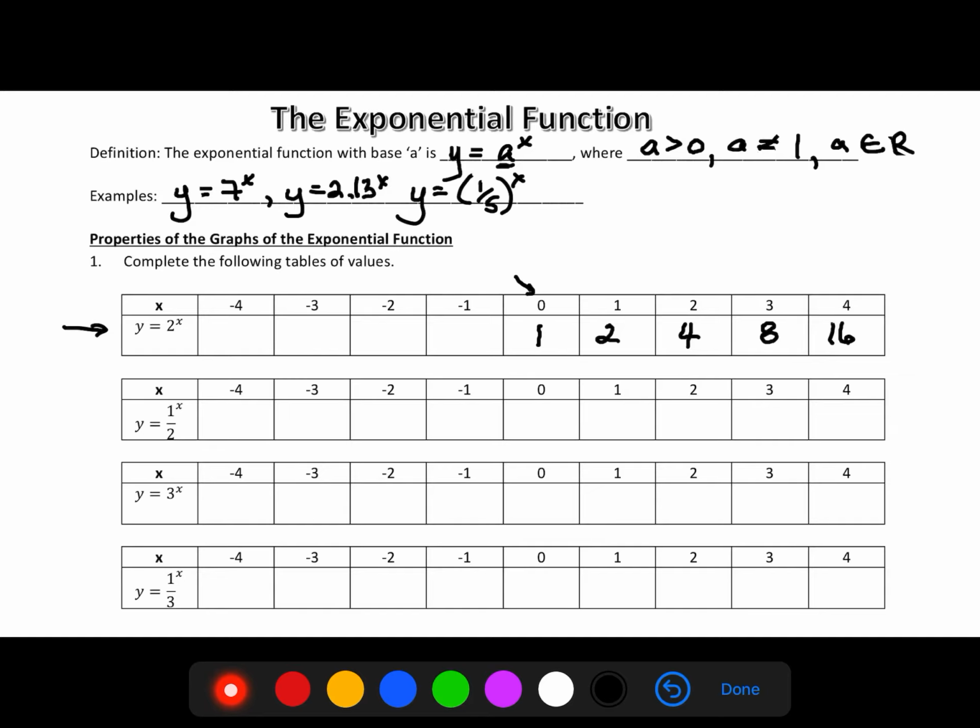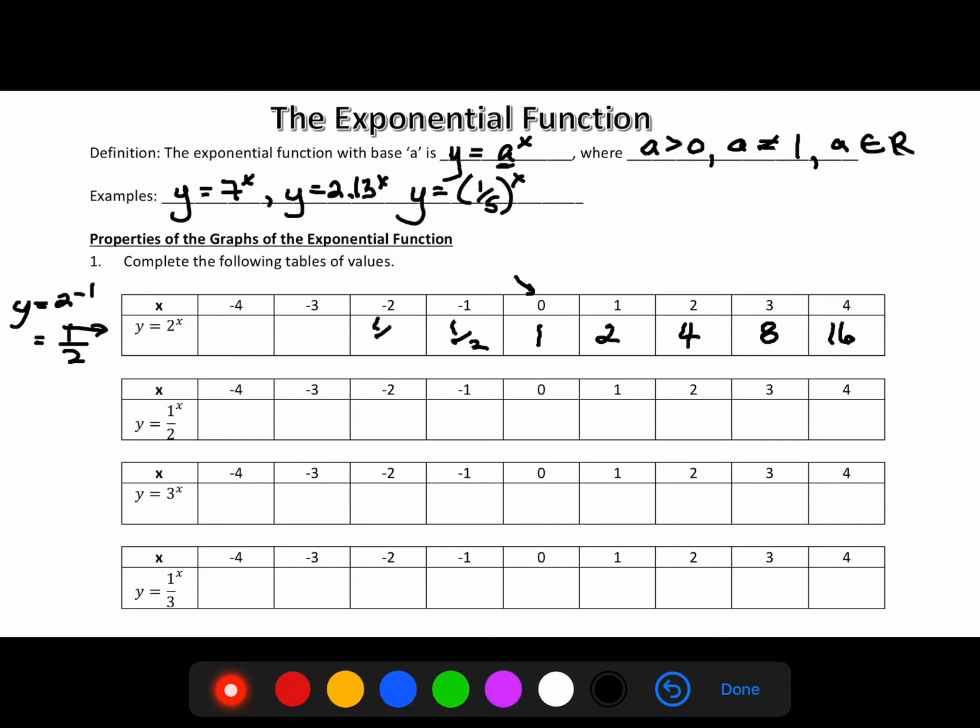Now, if we think about our negative exponents, remember we talked about last day that a negative exponent means we're going to flip our number. So y equals 2 to the power of -1 becomes a fraction, 1 over 2 to the positive 1.